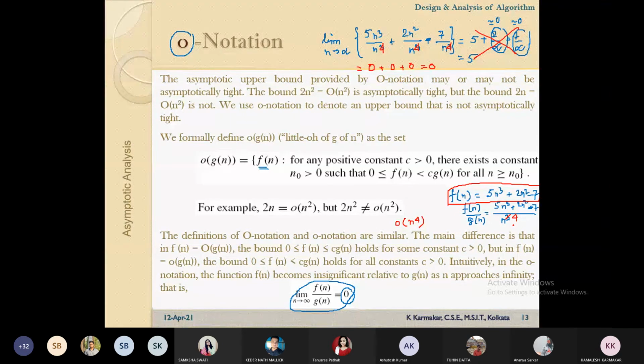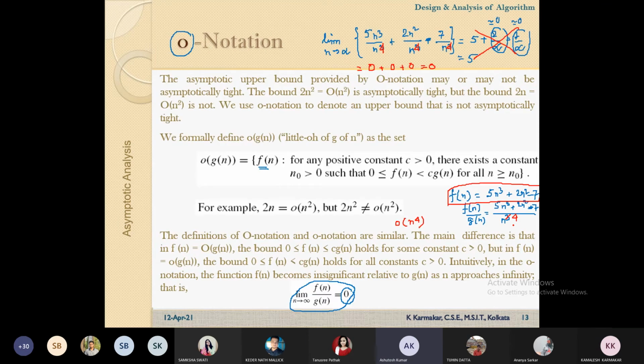So if in the given polynomial function f(n) the highest power is n cube, then g(n) will be n to the power 4. This type of representation is only needed where we are unable to calculate the tight bound. Okay.